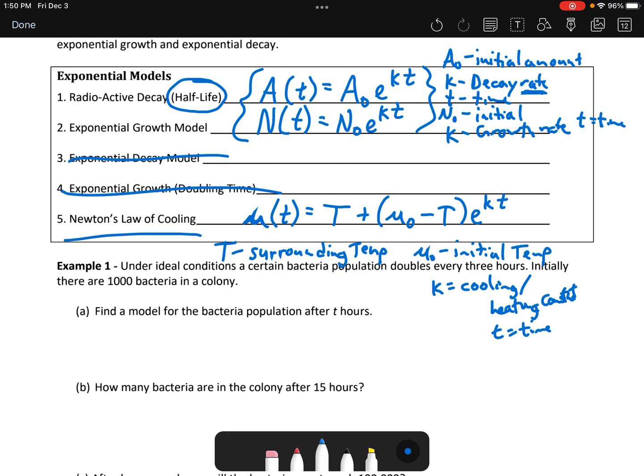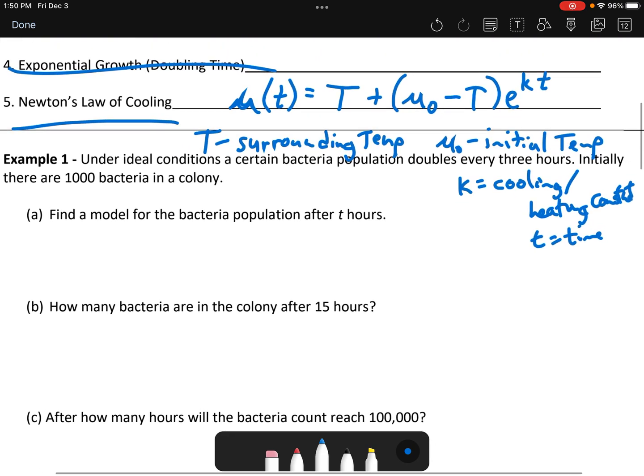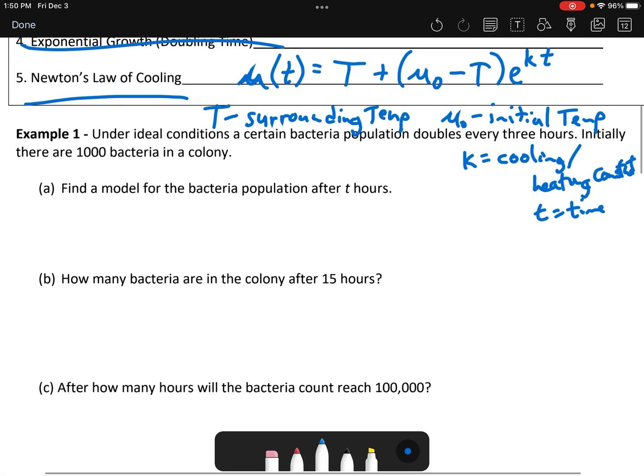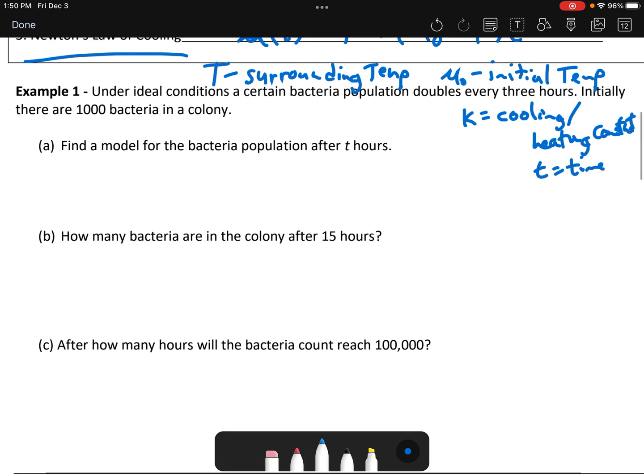Example 1 says: under ideal conditions, a certain bacteria population doubles every 3 hours. If we start with 1,000 bacteria, we want to know what the formula is. Well, we don't know the growth rate constant, so we have to find k.